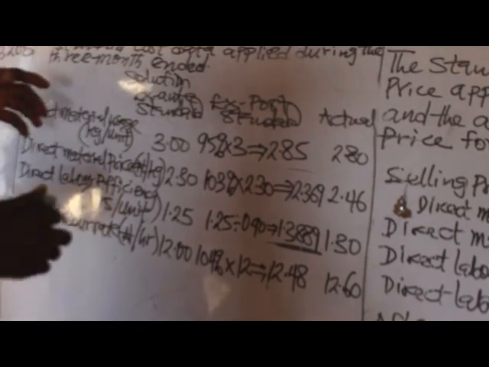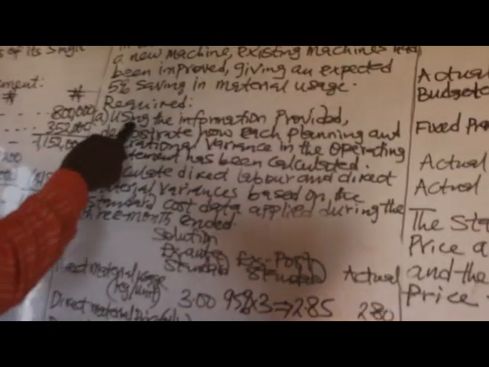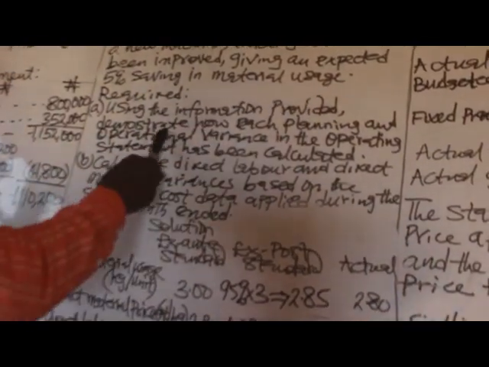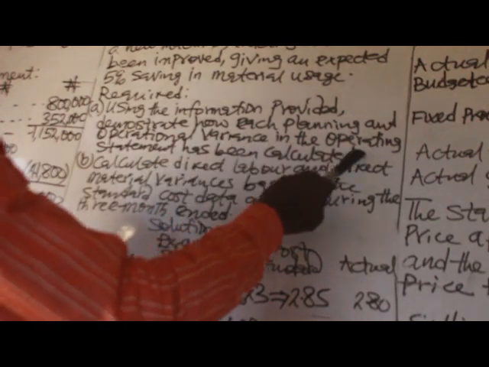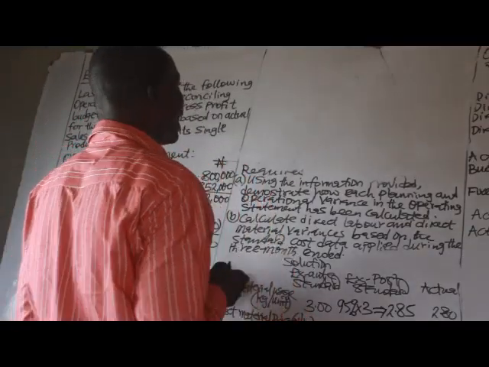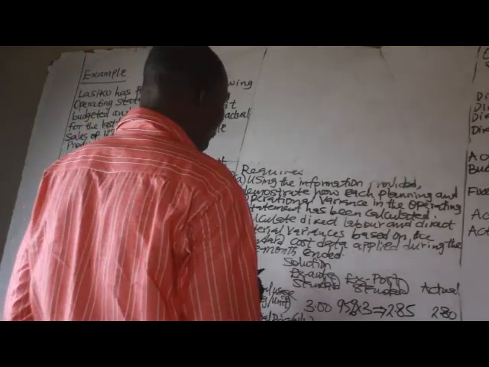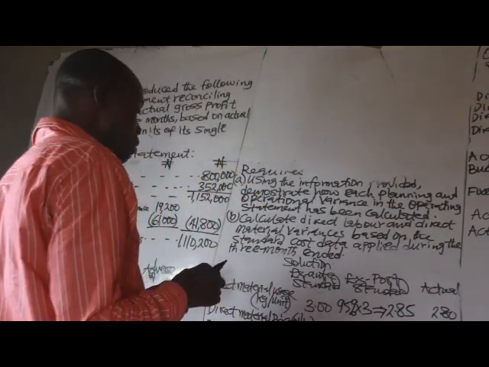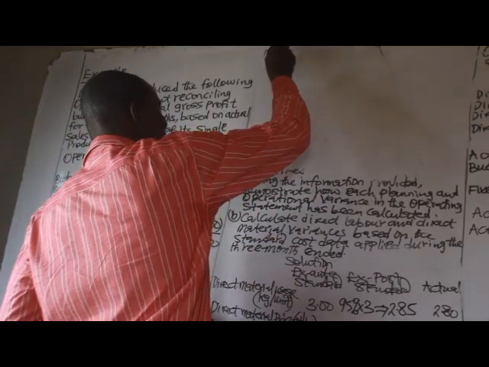Now let's go into the full solution. In requirement A, using the information provided, demonstrate how each planning and operational variance in the operating statement has been calculated. I've told you that when calculating planning variance, you compare ex ante with ex post.